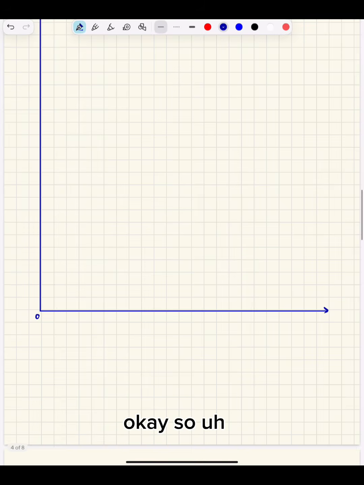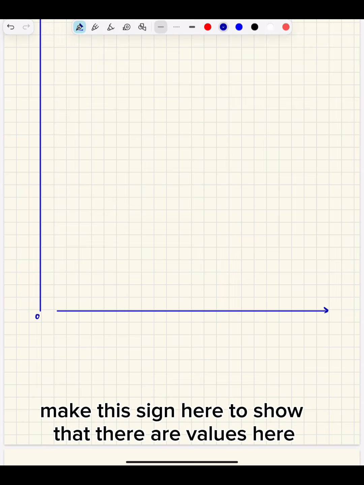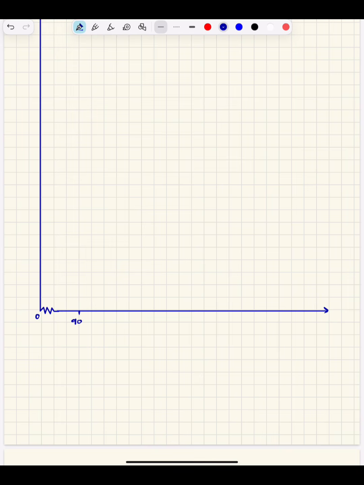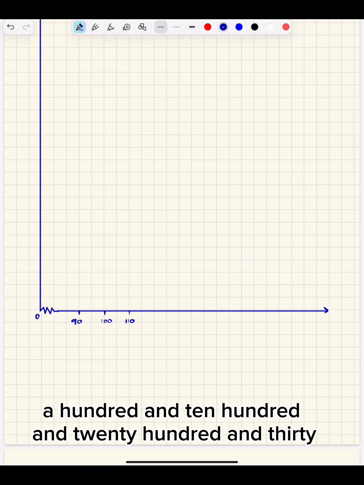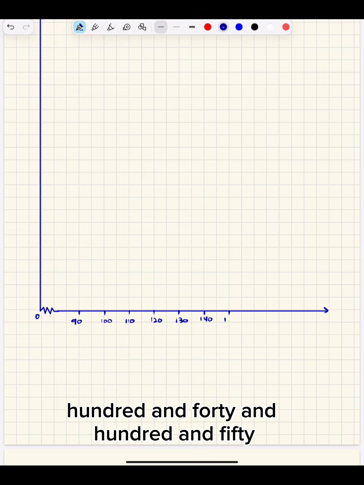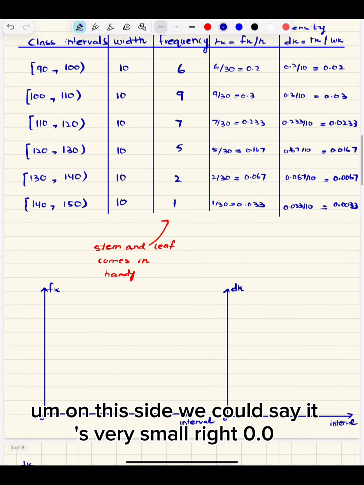Okay, so since we start from a 90, I'm just going to make this sign here to show that there are values here, and I'm going to start with a 90, then 100, 110, 120, 130, 140, and 150. On this side, we could say it's very small, right?